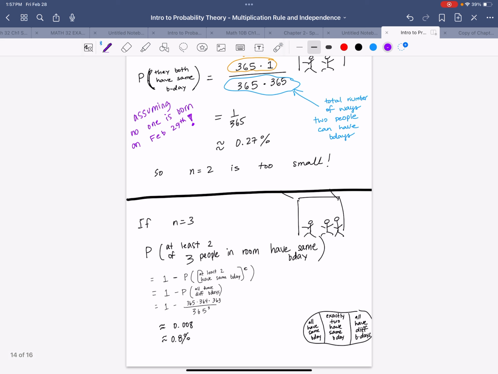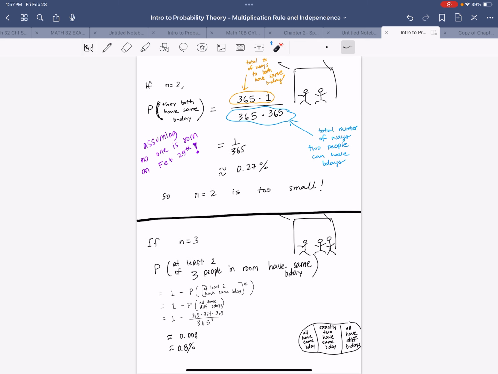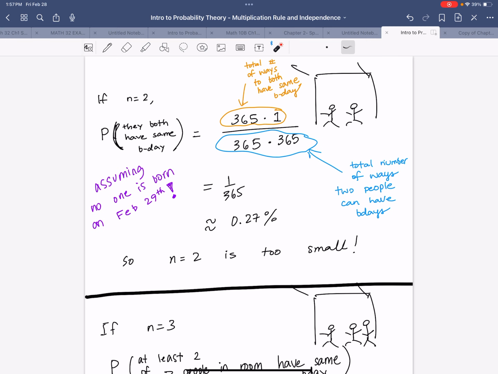The second thing we were assuming, if we have two people, is that this person's birthday is independent of this person's birthday. If we had the added information that this person is a twin or a triplet of this person, all bets are off.